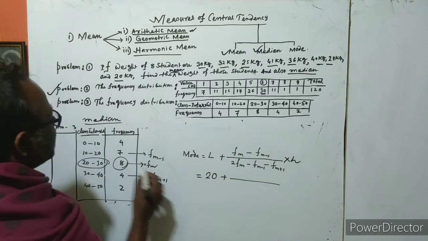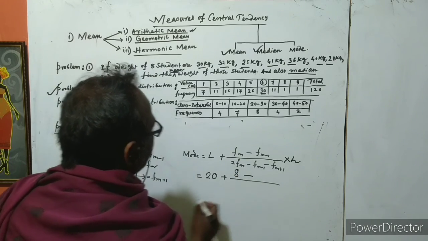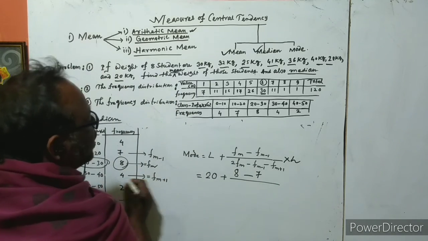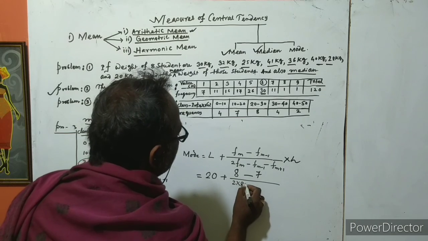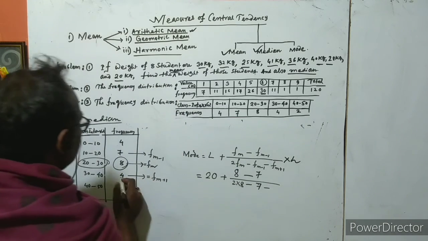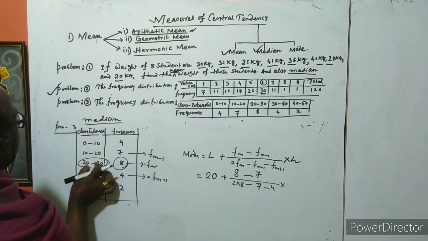So Fm here is 8, minus Fm minus 1, which is 7. 2 into Fm is 2 into 8, minus 7, minus 4. And H, the class difference, is 10.